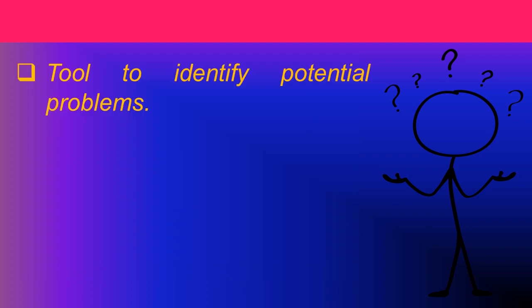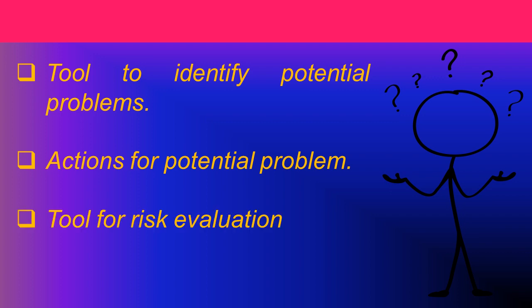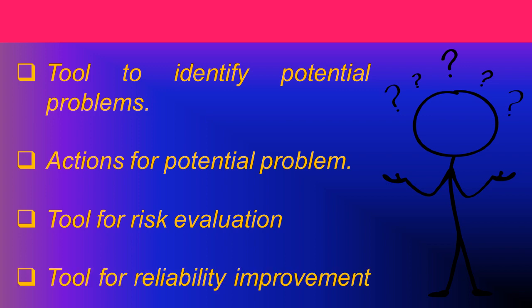So FMEA is considered as a tool to identify potential problems and take actions for the potential problems, as a tool for risk evaluation, and the management carries the responsibility for the application of FMEA. Ultimately, management is responsible for acceptance of the risk and the risk mitigation actions identified.